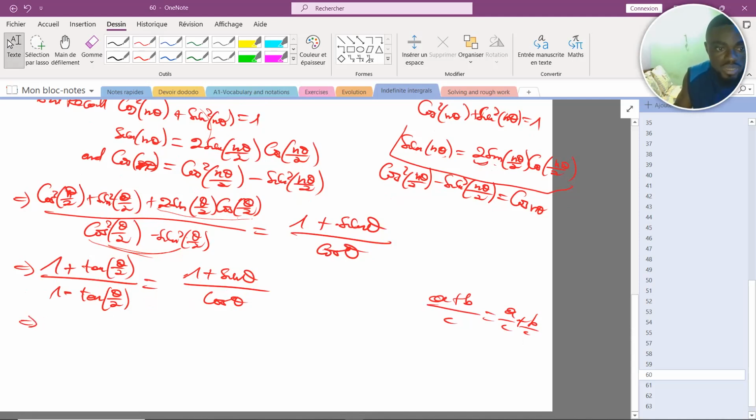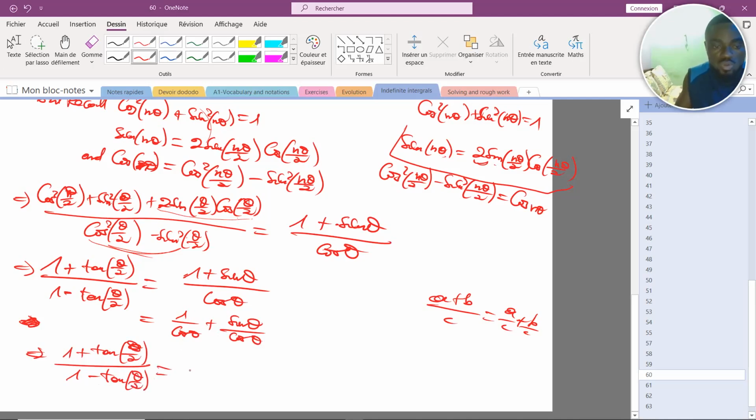This will be equal to 1 on cos theta plus sine theta on cos theta. Implying 1 plus tan theta on 2 all over 1 minus tan theta on 2 is equal to what? 1 on cos is sec. Is that okay? So this will give sec theta plus sine theta on cos theta, which is tan theta. You see that we have proven that this is equal to sec theta plus tan theta.